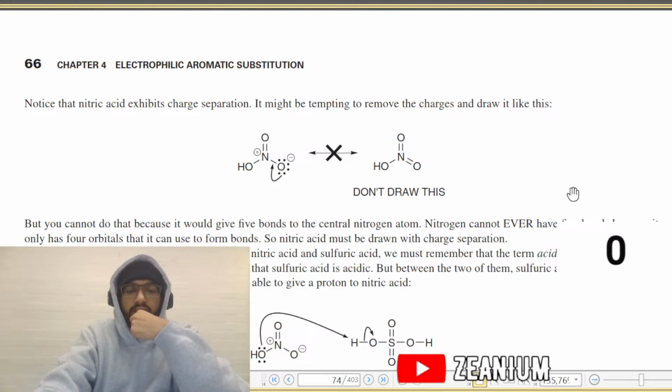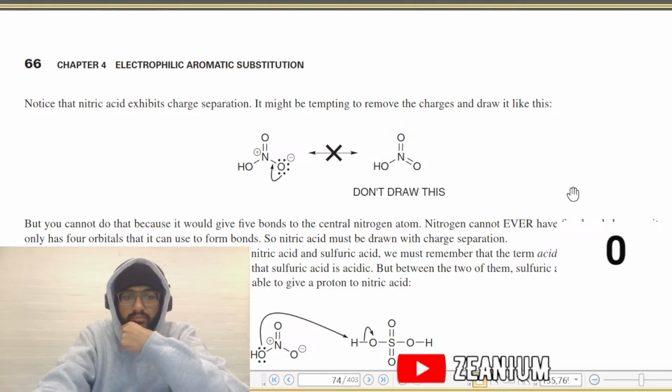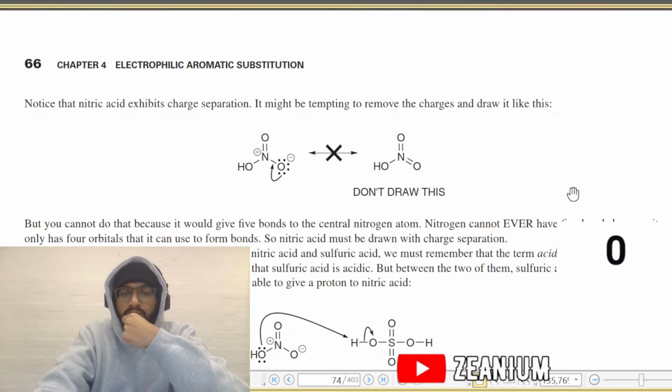Oh, hell no. Don't do that, because nitrogen can't have 5 bonds. You cannot do that because it will give 5 bonds to the central nitrogen atom. Nitrogen can never have 5, because it only has 4 orbitals that it can use to form bonds. So nitric acid must be drawn with the charge separation.